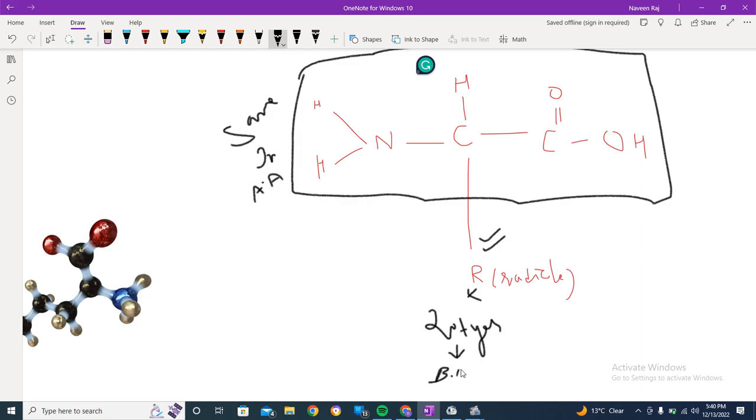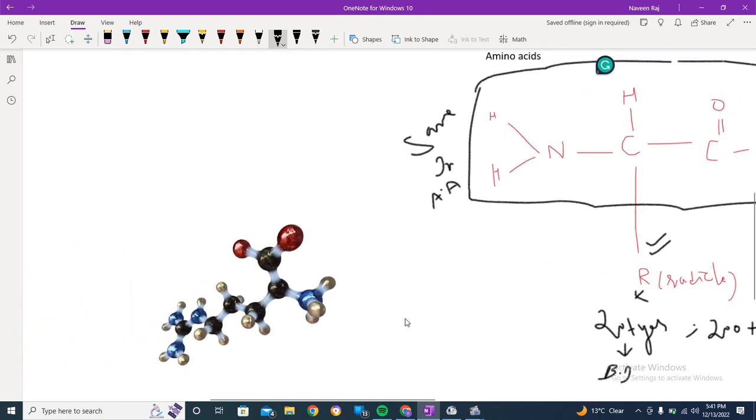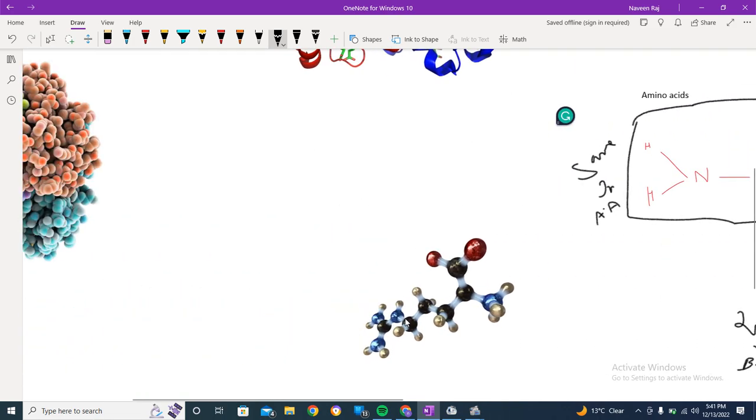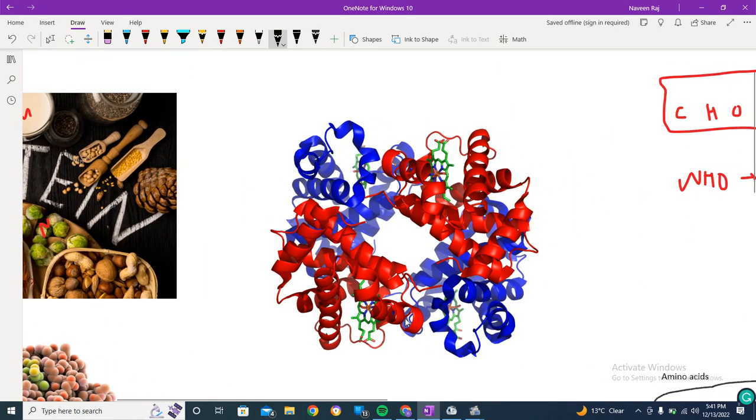Generally we have got 200 plus types of amino acids, while only around 20 are found in the human body or are biologically important. So do remember this structure, this is very important. Let's get into diagrams to make you more clear.